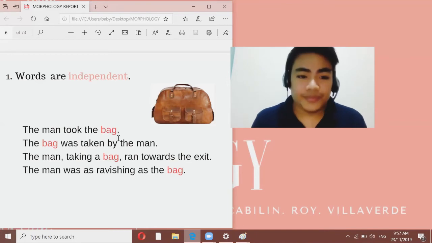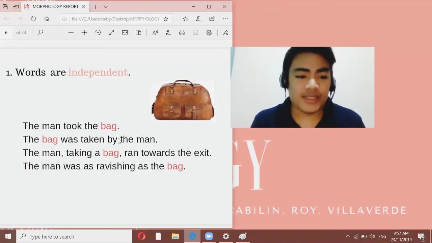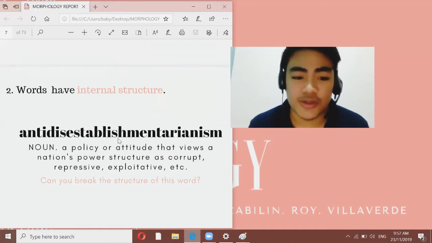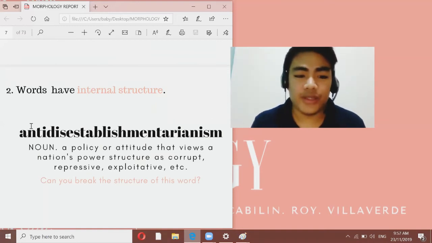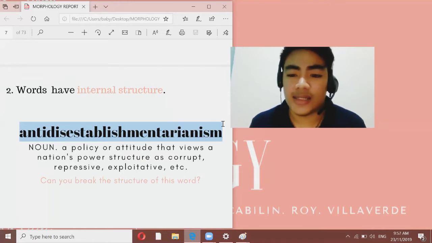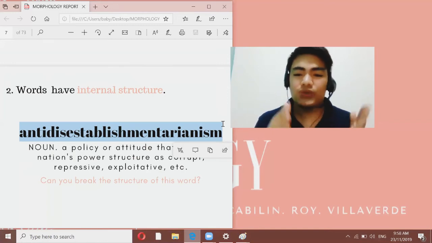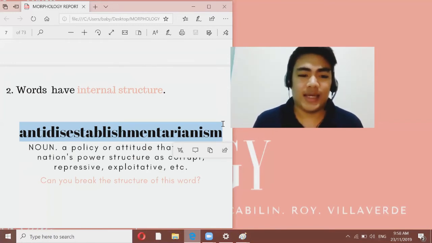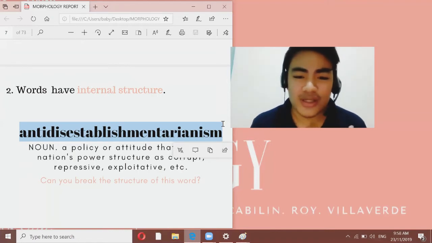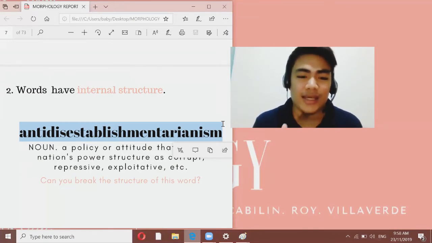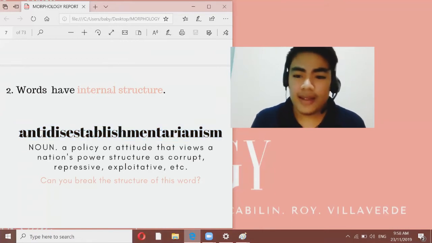Another definition of words is this. Words have internal structure. Let's take, for example, this word, anti-disestablishmentarianism. It's a very long word, but we can actually break this down into smaller units. Can you try to think of the actual number of units that we can divide this word into? You can count with me.